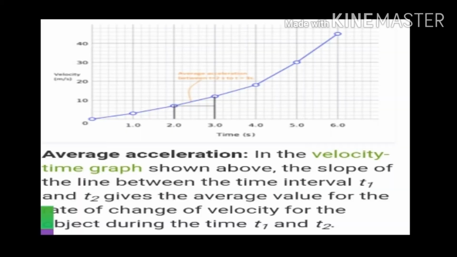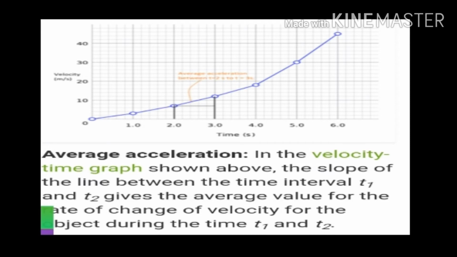Now we will talk about velocity time graphs. Our first velocity time graph is on average acceleration. In the velocity time graph shown above, the slope of the line between the times t1 and t2 gives the average value for the rate of change of velocity for the object during the time t1 and t2.